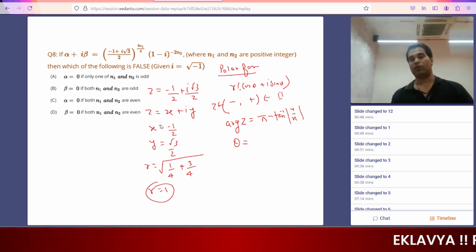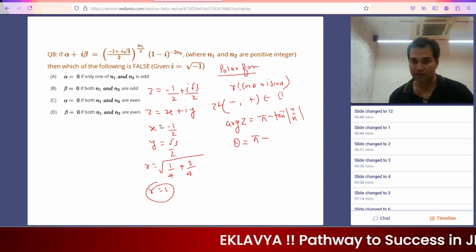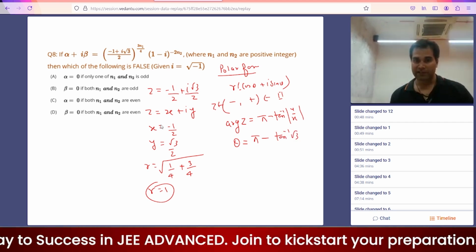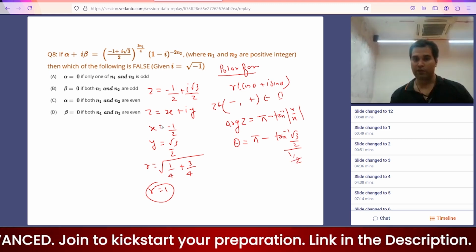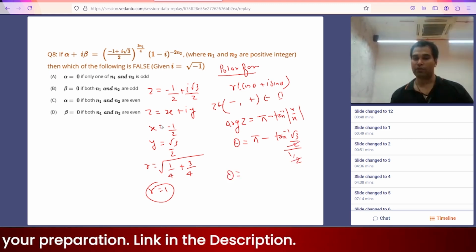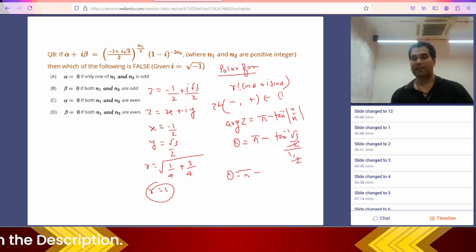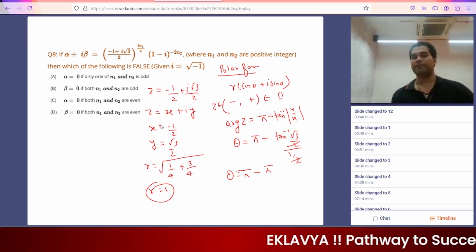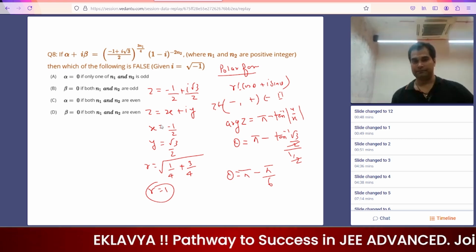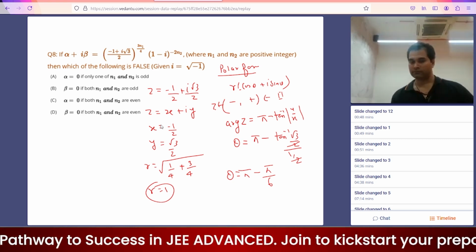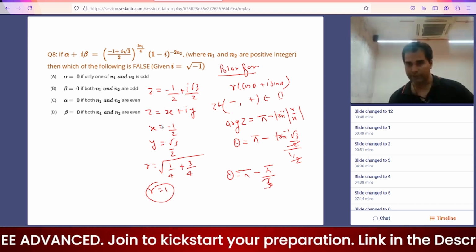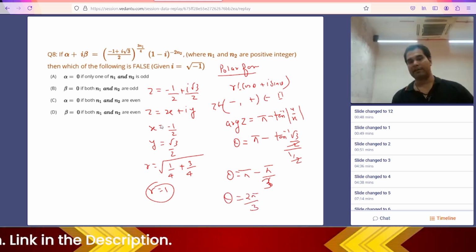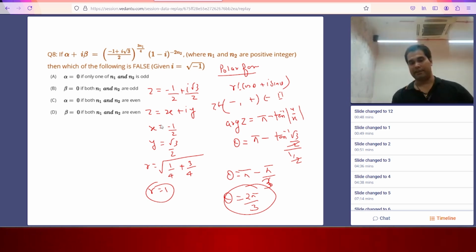So theta is pi minus tan inverse of the imaginary part root 3 by 2 over the real part 1 by 2, the 2s cancel out. This means theta is pi minus tan inverse root 3, and tan inverse root 3 means pi by 3. So theta is pi minus pi by 3, we will get 2 pi by 3.